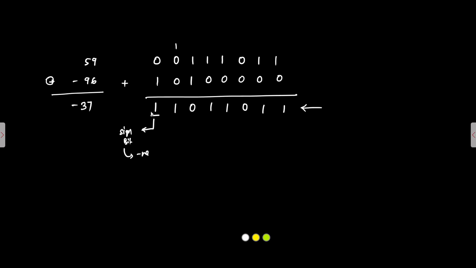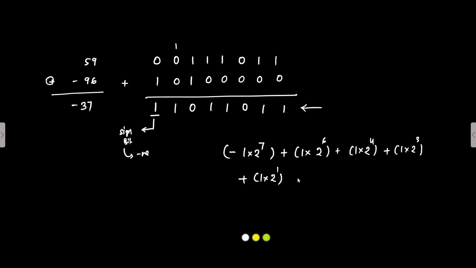So we attach a negative weight to this sign bit: minus 1 into 2 to the power 7, plus 1 into 2 to the power 6, plus 1 into 2 to the power 4, 1 into 2 to the power 3, plus 1 into 2 to the power 1, 1 into 2 to the power 0. This is the decimal value.